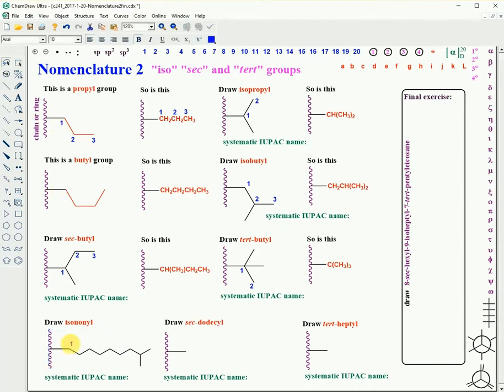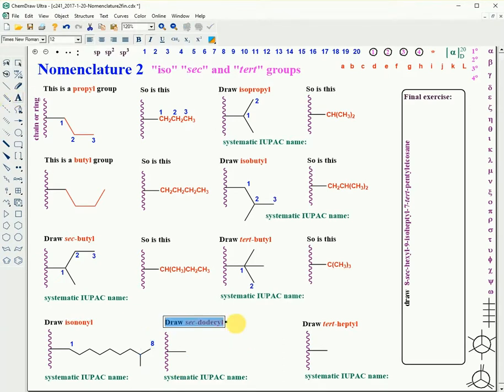Going from 1 to 7. Oops, I think I grabbed the wrong number. There we have it. Octyl with an extra carbon makes nonyl. Branched on the end makes iso.